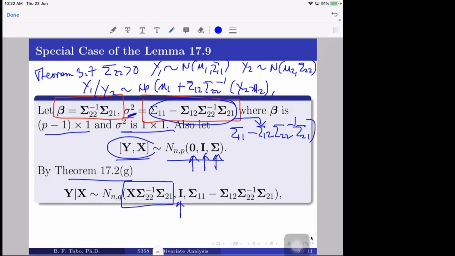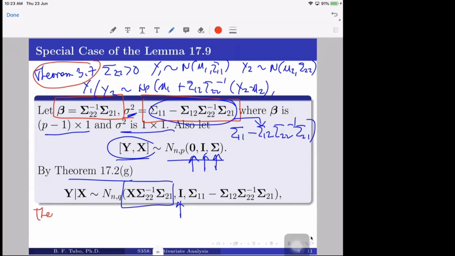So if you recall, what is 17.2G? It tells you the distribution in the univariate case and the multivariate case.